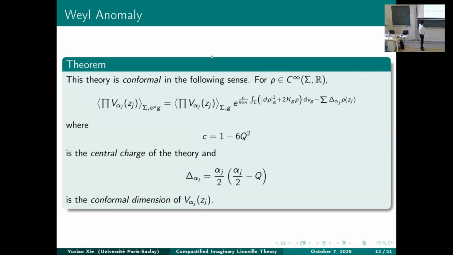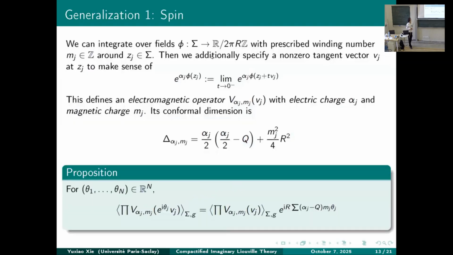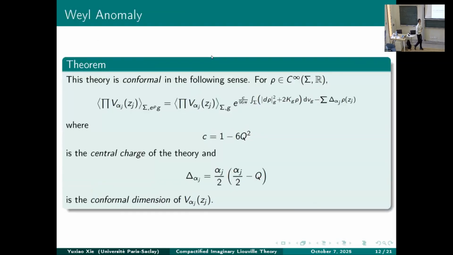Okay, good. Now I'm going to introduce some generalizations to the construction that I just did. Can I ask a technical question on that? So you're not working with local coordinates around the insertion. No. So there should be some implicit local coordinates defined in terms of the metric. If I want to translate this into the formalism where you do have local coordinates, then to get that transformation behavior, I would first map the correlator and then retransform the local coordinate.